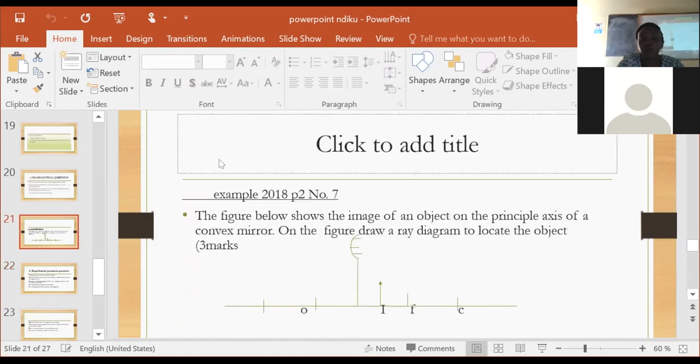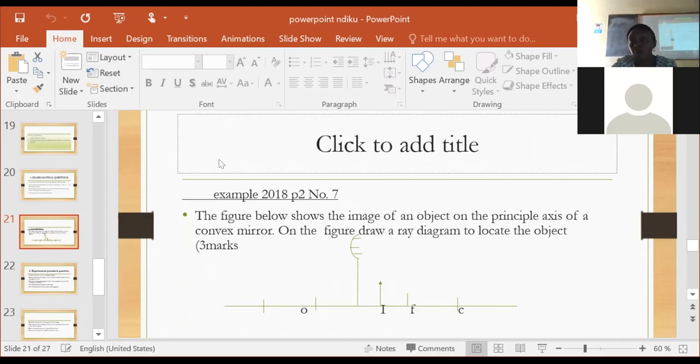On the ray diagram, you can have a question, an example of a question. The figure below shows an image of an object on the principal axis in a convex mirror. On the figure, draw a ray diagram to locate the object.